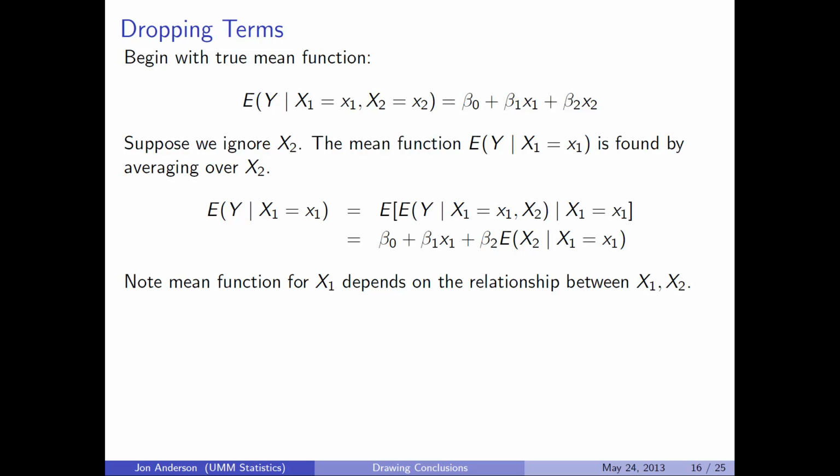Well, what happens is that mean function, if there's interrelationships between x1 and x2, the mean function for x1 is going to have involvement and carryover from how x2 interrelates to x1. So if the data system really does depend on x2 and you ignore it, you are going to get a slightly modified mean function.